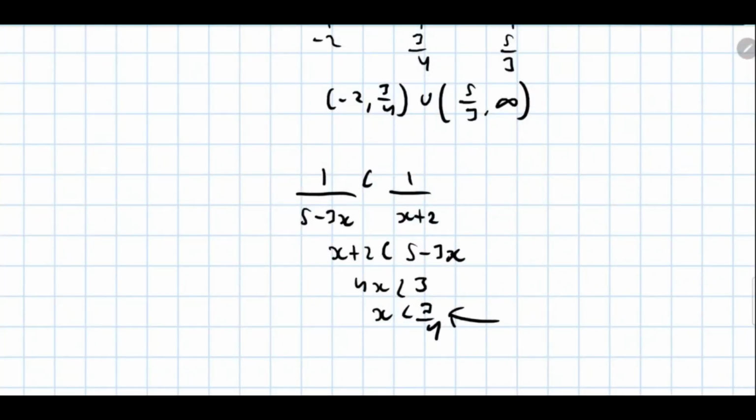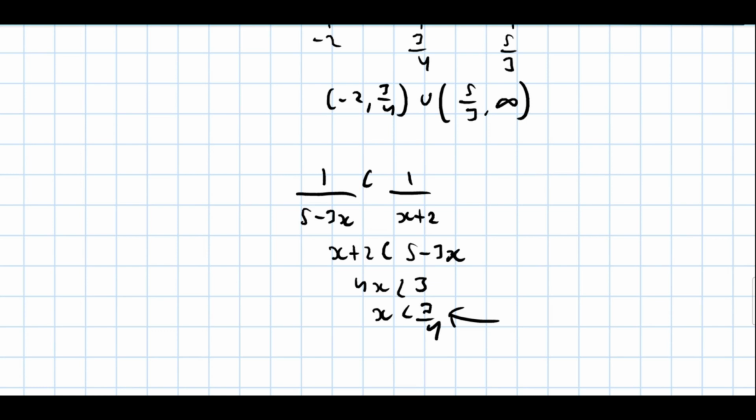So yeah, going back. So the question is, okay, x is less than 3/4. Means that 3/4 up until negative infinity. Well, firstly, it doesn't include the other answers which satisfy the inequality, which is 5/3 to infinity.